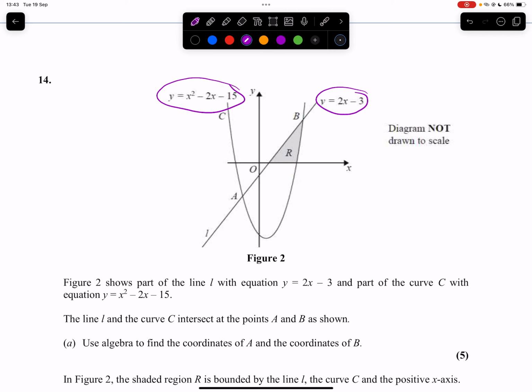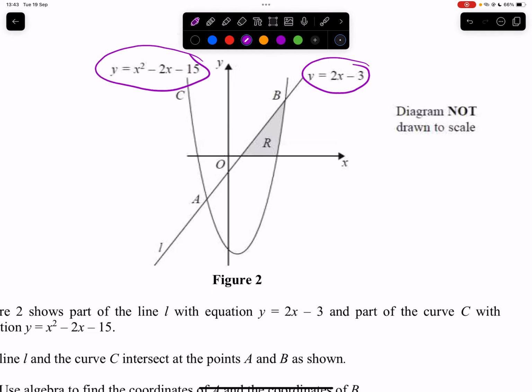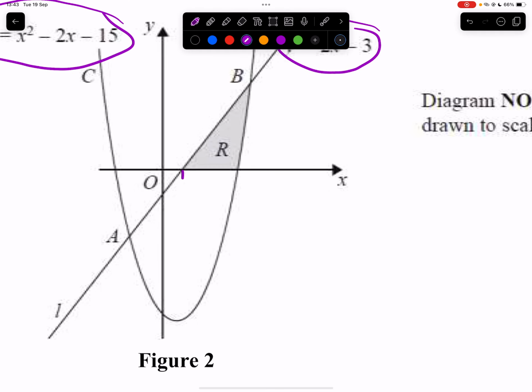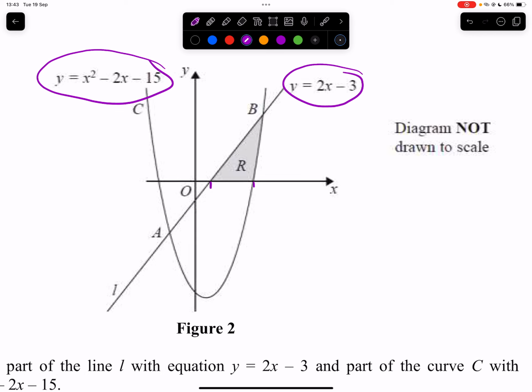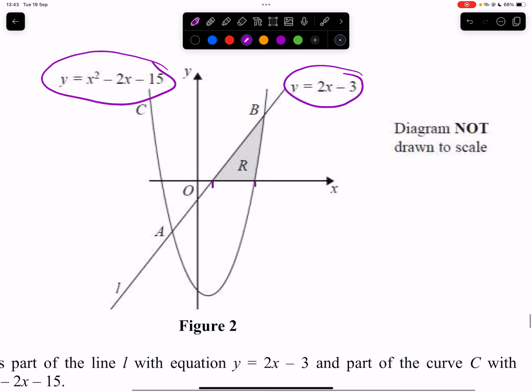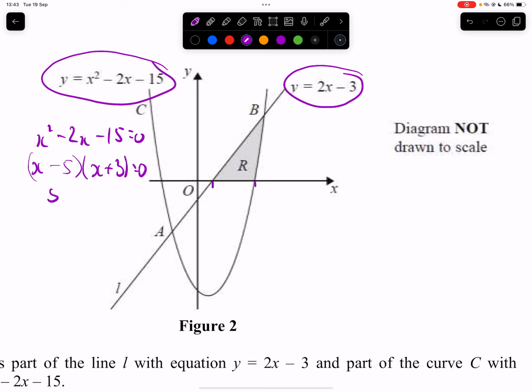So, first thing I'm going to do, just to make things easier, is work out what these two coordinates are. So, if I want to find out when is x squared minus 2x minus 15 equal to 0, I would factorise and get that it's at 5 and negative 3, which looks like it makes sense, but for the sake of this diagram here, that would be 5.